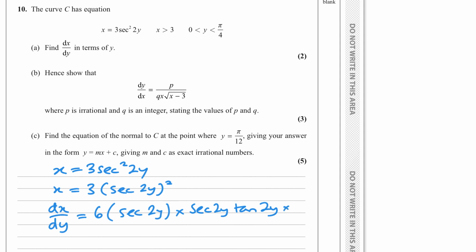Okay, and that would also be multiplied by 2 because of the 2y. So it should have been 2 sec 2y tan 2y. So in total I get 12 sec squared 2y tan 2y. And that's part A done.